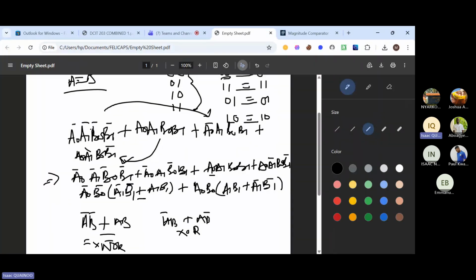Can you please repeat the A prime, B prime plus the AB? You are saying that it is an XNOR gate.